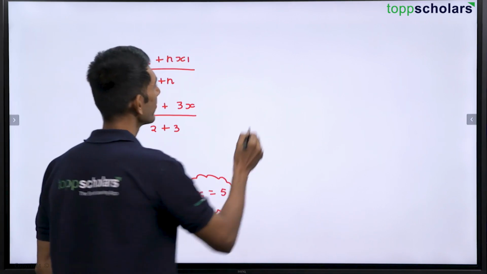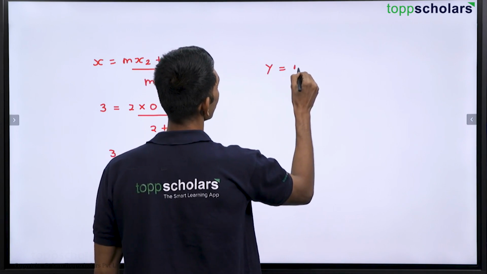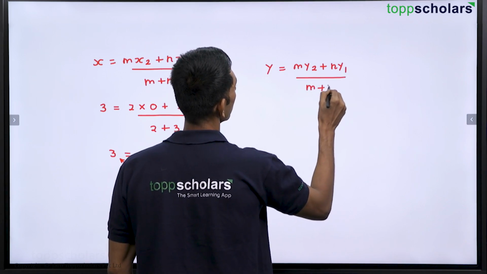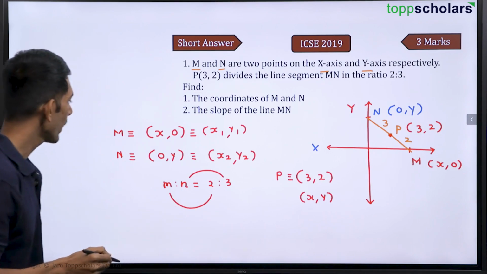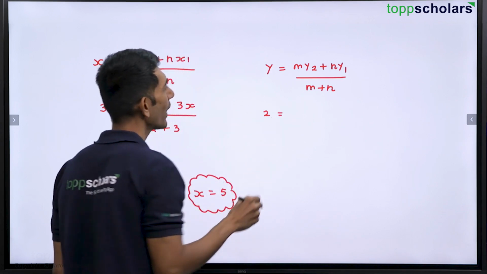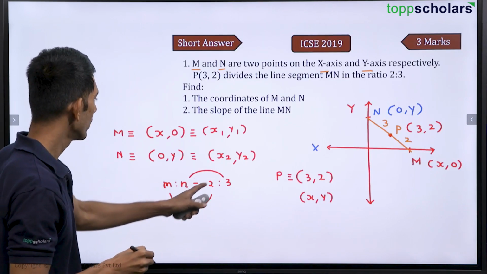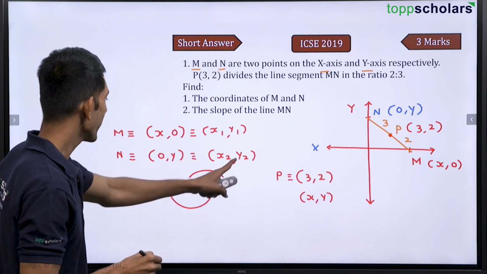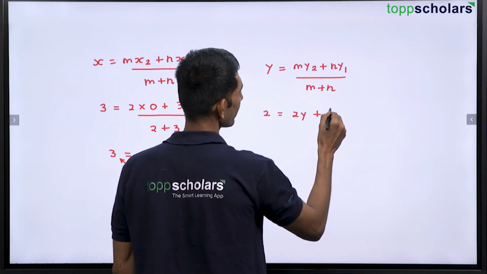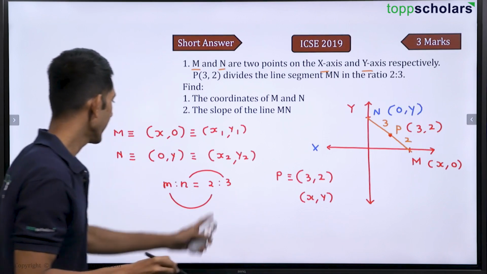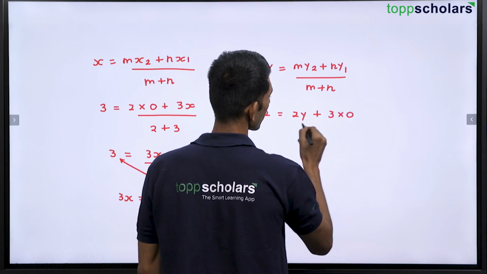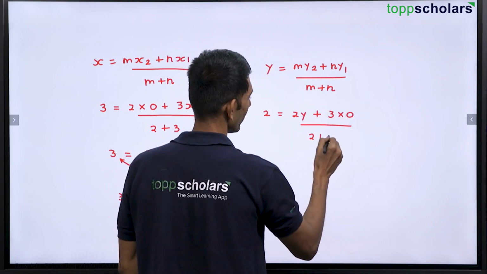Let's talk about the value of y. What will be the value of y? y is given by (my2 plus ny1) by (m plus n). But what is y? y is already 2. So 2 is equal to m y2. m is 2, y2 is y. So 2 into y, plus n into y1. n is 3, y1 is 0, 3 into 0, by m plus n, that is 2 plus 3.